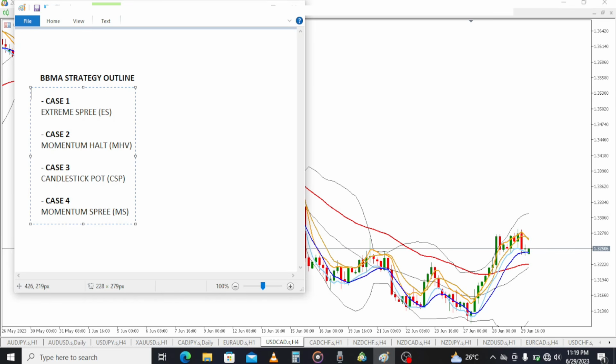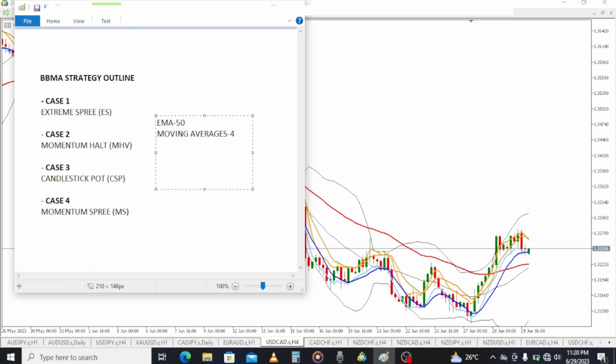So over here we have the BBMA strategy outline, which uses three indicators, the EMA 50, the moving averages, of which we need about 4, which I'll tell you how to set up later.